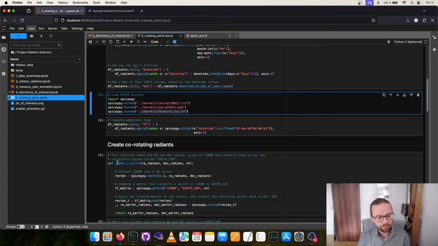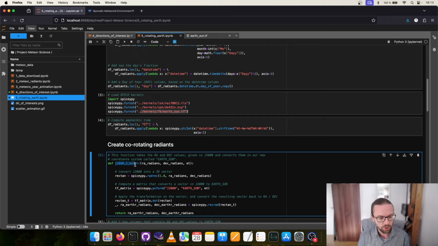This is the name of it, it's called J2000 to Earth R. That's just the name. What we do is we take the right ascension and declination values, so longitude and latitude values. We put them into this SPICE function, and it converts the sky coordinates into a three-dimensional vector, x, y, z.